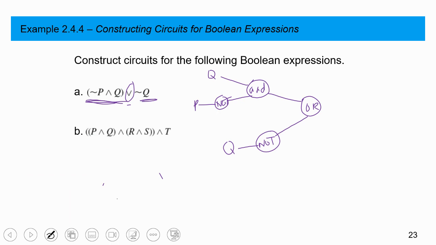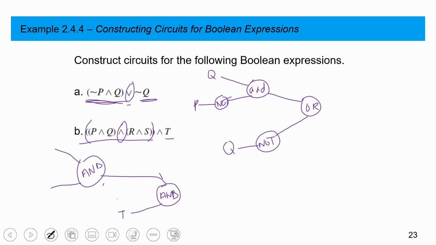Okay, so I see that this is all in parentheses. So I have all of this and T. So let me do my AND, the T is here. Then I've got a bunch of stuff going on in this other input. I have an AND. And so 2 things are leading into the ANDs, which is 2 more ANDs.